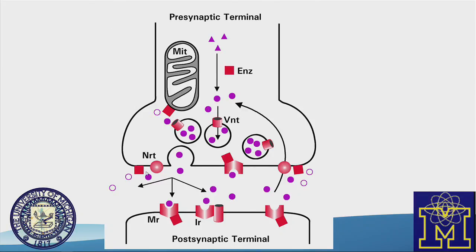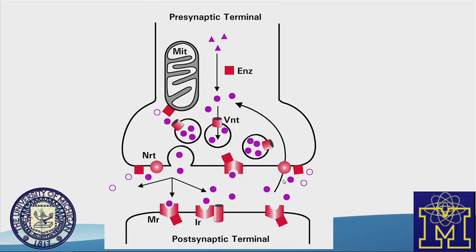And in it are articulated a number of potential targets that the field has made use of over the past 20 to 30 years. So there are enzymes specific to identified nerve terminals related to the processing and synthesis of neurotransmitter. There are transporters on synaptic vesicles that take the transmitter and package it for release.